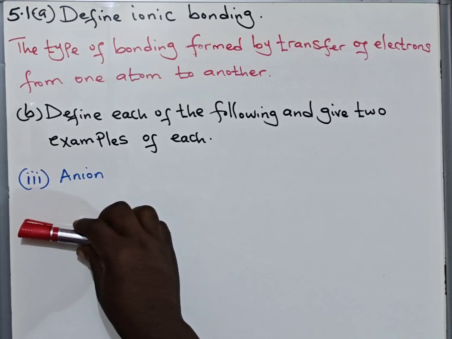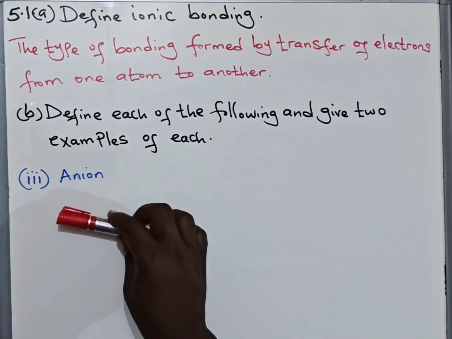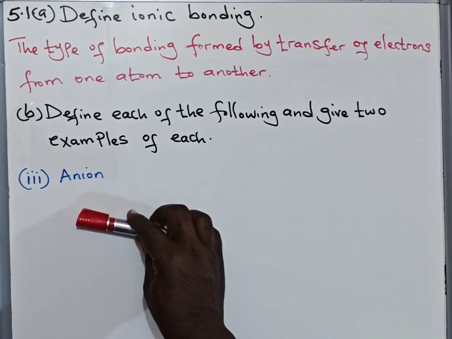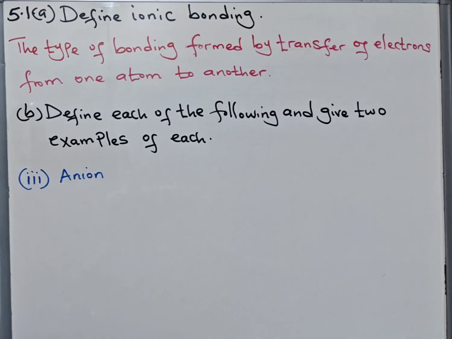So we come to this one. It says, define anion. What is anion? Anion is an atom or group of atoms which is negatively charged, formed by gaining of electrons.